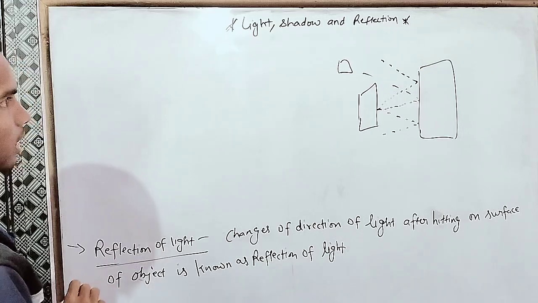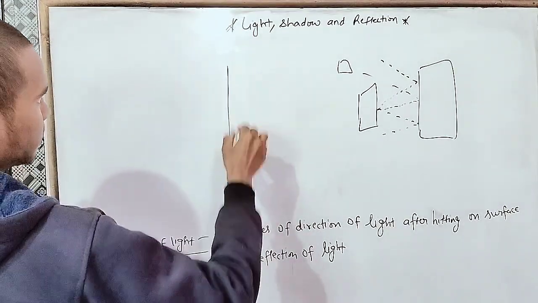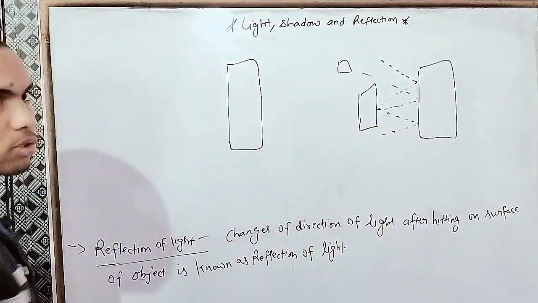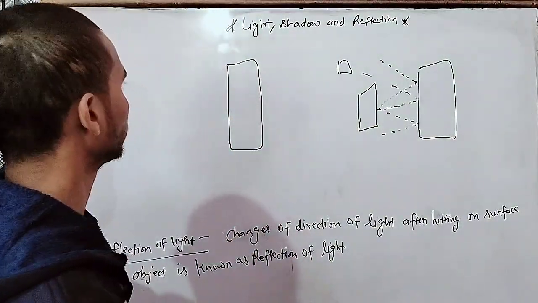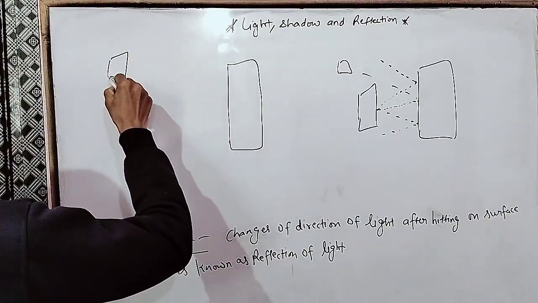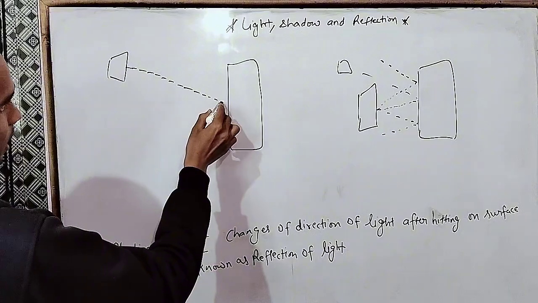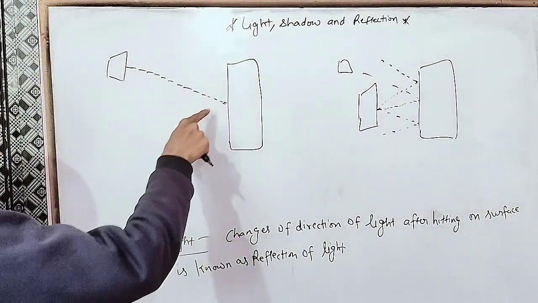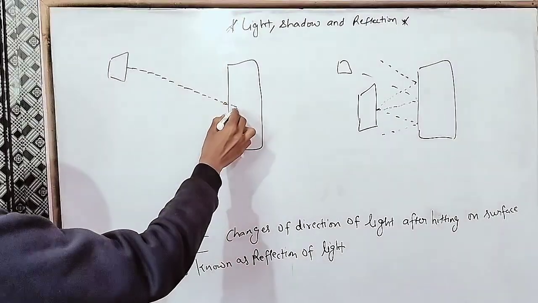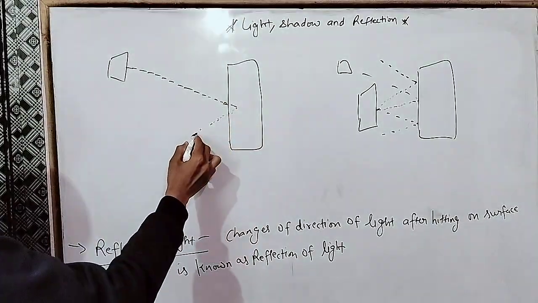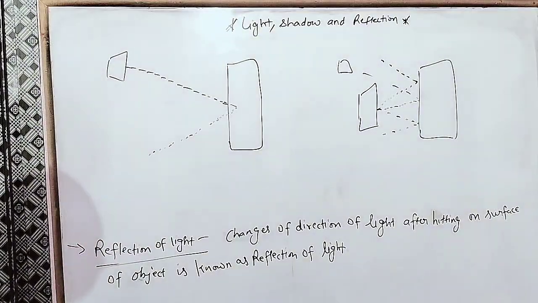So, reflection of light. Let's see. This is an object, and this is a surface, and the surface is smooth. This is a source of light. Light is coming like this, and it hits the surface of this object. Then it will turn into another direction because this is an opaque object.